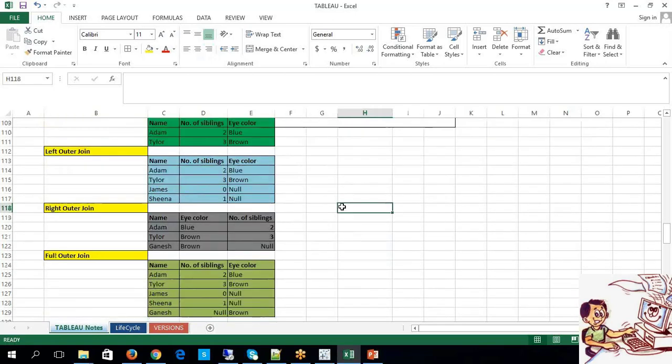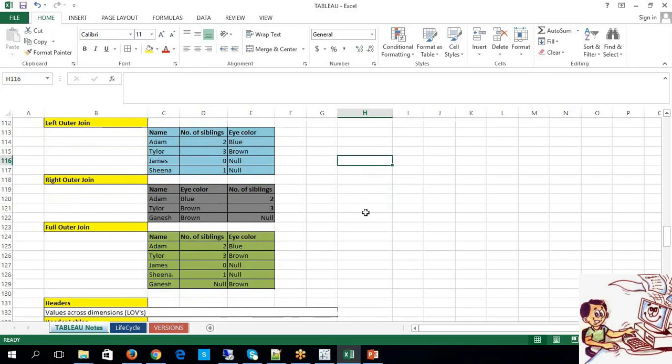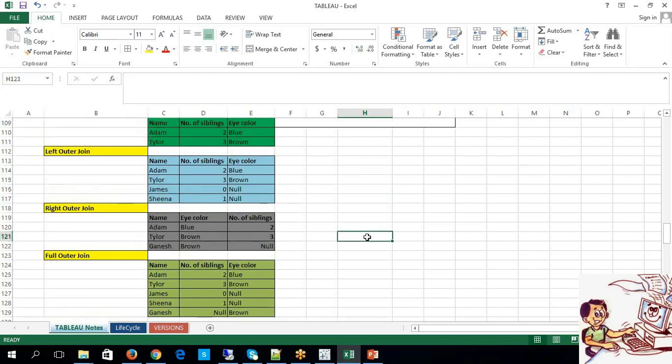Right, guys. Then how about full outer join? Full outer join basically performs whether it is common or uncommon.